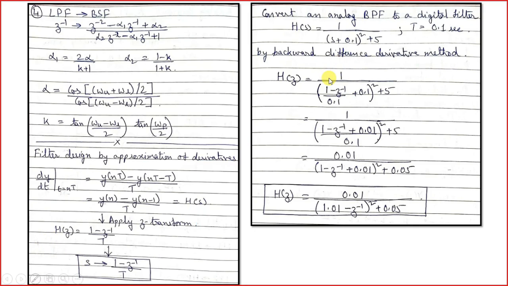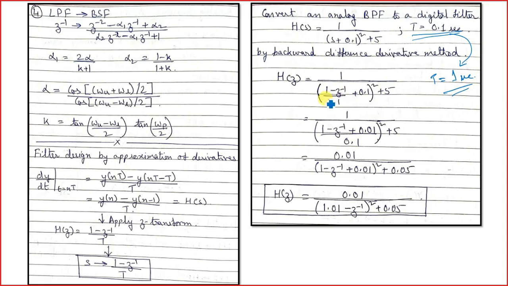Over here, we have given: convert an analog bandpass filter to a digital filter. Here, our Hs is given by 1 by (S plus 0.1) whole square plus 5, and capital T is equal to 0.1 second. Again, if I do not give this, you have to assume T is equal to 1 second.